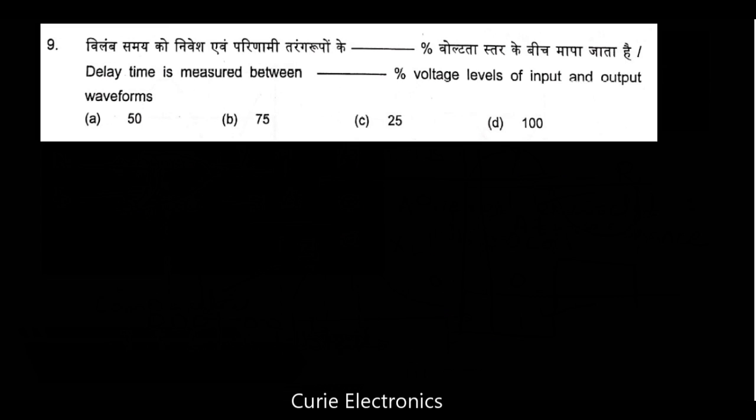Delay time is measured between dash percentage voltage levels of input and output waveforms. Now we will take it as a buffer. Here is our input and this is our output. Now the input waveform is like this.